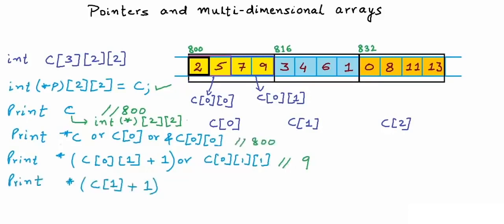Now what will be the output for this print statement? Asterisk of C1 plus 1. C1 will return us a pointer to a one-dimensional array. The first one-dimensional array in C1, this block containing integers 3 and 4. Adding 1 is performing pointer arithmetic and going to the next one-dimensional array. It's going to this one-dimensional array containing 6 and 1.